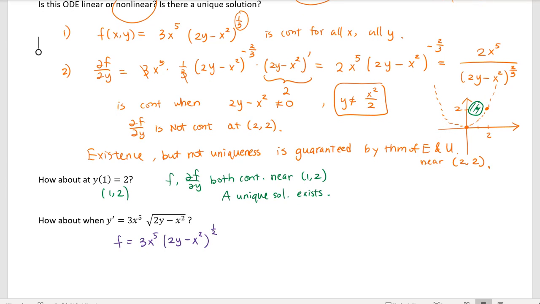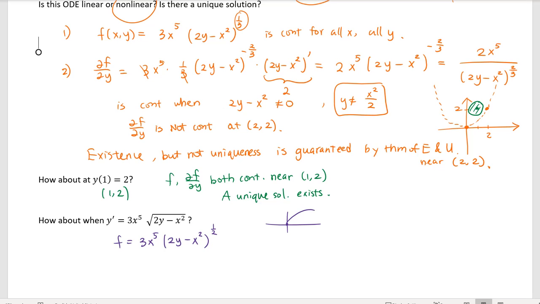So we had cube root. Cube root is continuous everywhere, but for square roots, the domain is where the expression under the square root is greater than or equal to 0.